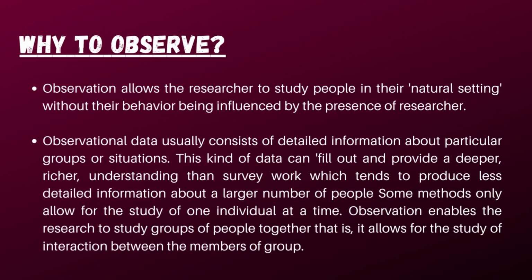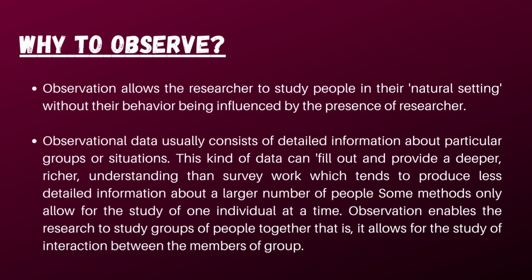Why observe? Observation allows the researcher to study people in their natural setting without their behavior being influenced by the presence of the researcher. Observational data usually consist of detailed information about a particular group or situation. This kind of data can provide a deeper, richer understanding than survey work, which tends to produce less detailed information about a larger number of people.